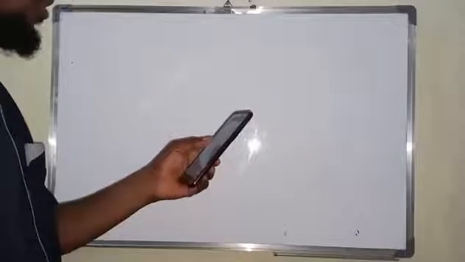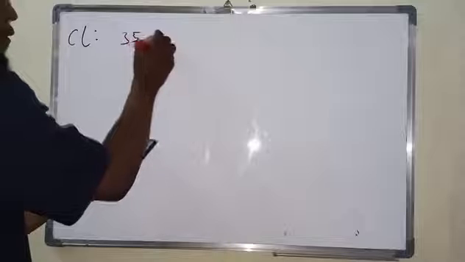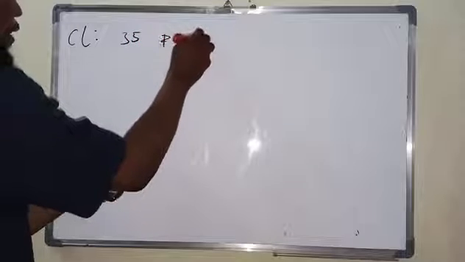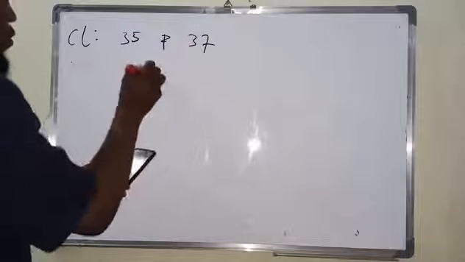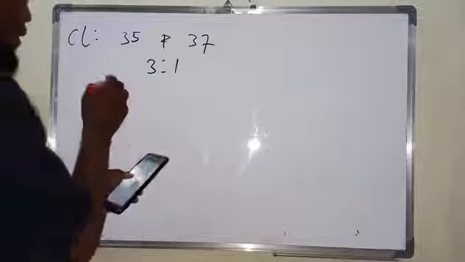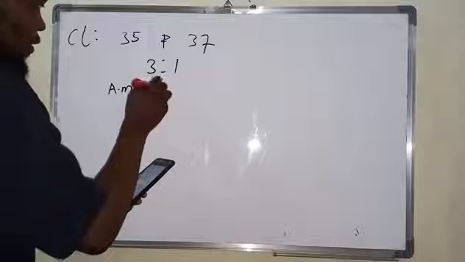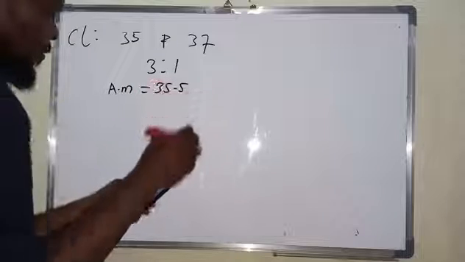So, the question is: chlorine consisting of two isotopes of mass 35 and 37 in the ratio 3 to 1 has an atomic mass of 35.5.